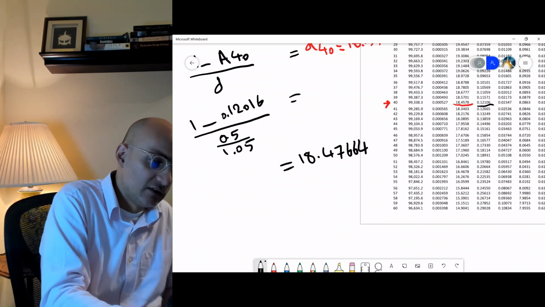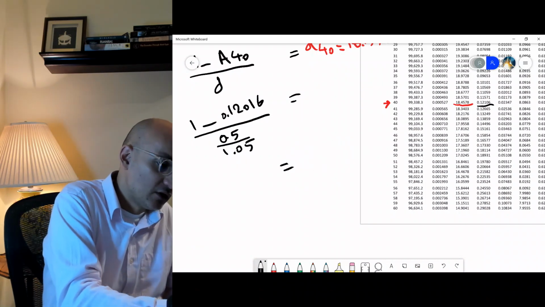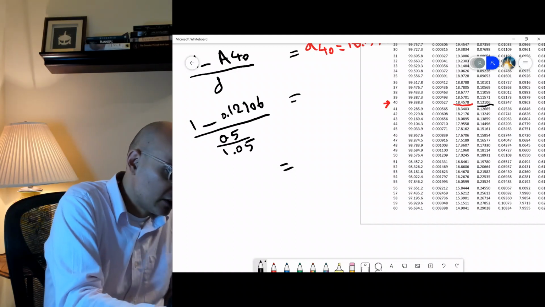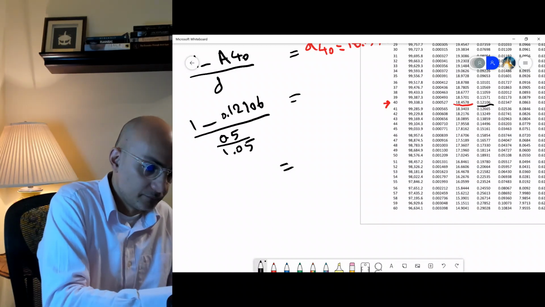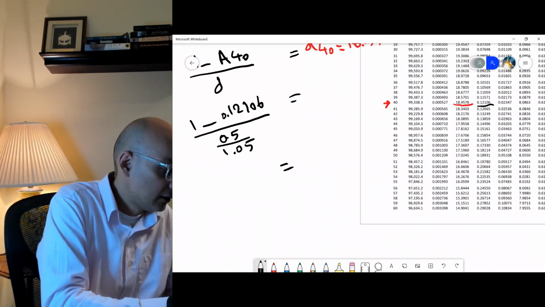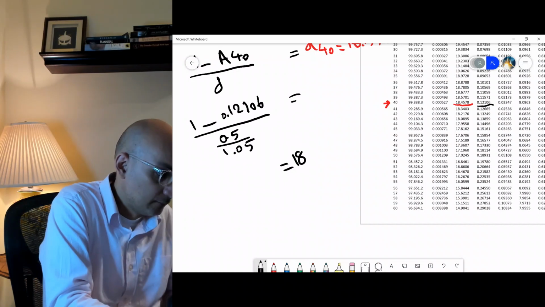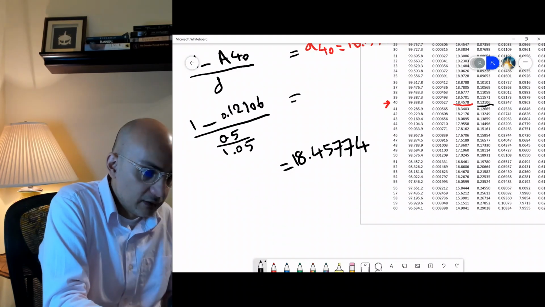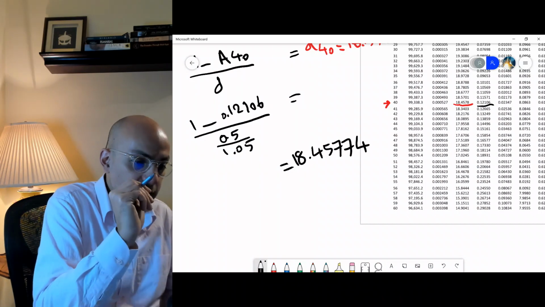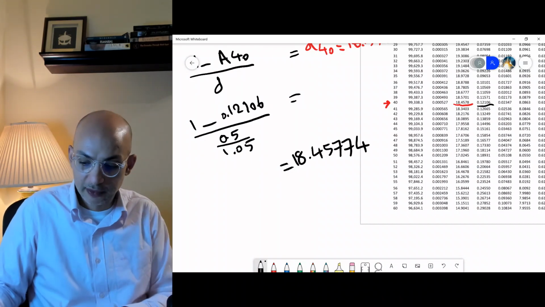Oh, I made a mistake. This is bigger than what it should be. When I copied the number here, I made a mistake. It should be 0.12106, right? So let's do it again. This little mistake changes the number. Now you compare this one with this one: the first 3 digits are the same, and this one is rounded up. So it's very good. It's because of rounding up.